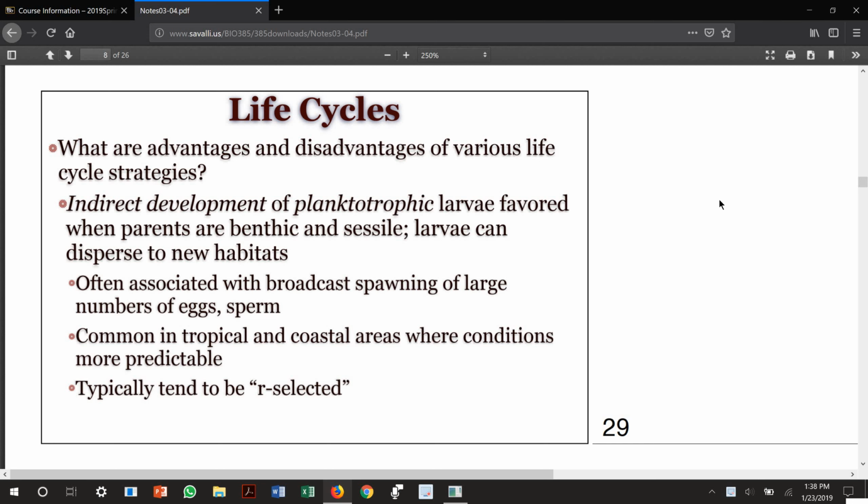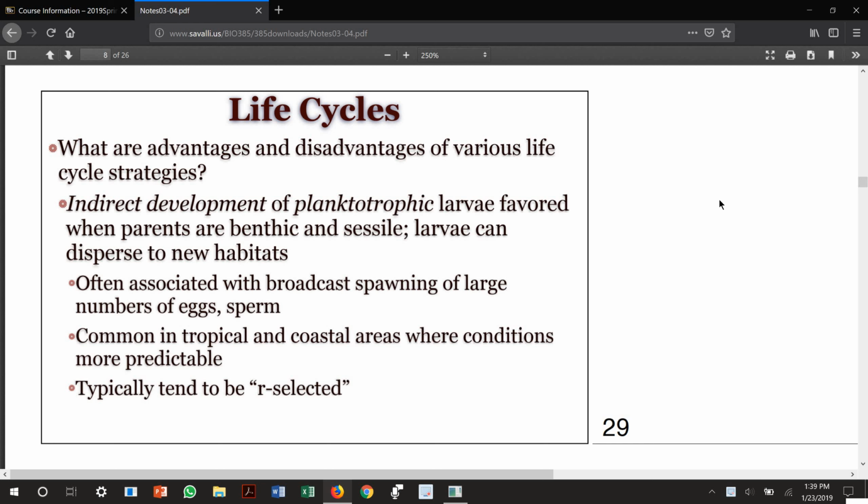Why might this be kind of favored? Well, if your parents are benthic, meaning they're living at the bottom of the ocean, and if they're sessile, meaning that they're attached to the substrate, can't move around, then how do you disperse? How do you invade new habitats, spread into new environments, and so on? Well, you use your larvae to be the disperser.